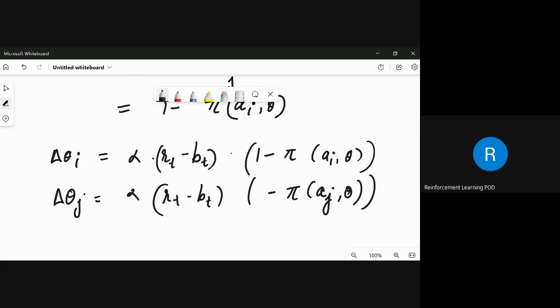My bad, I shouldn't write it like this. It should be capital Theta to represent that it's a vector of thetas.